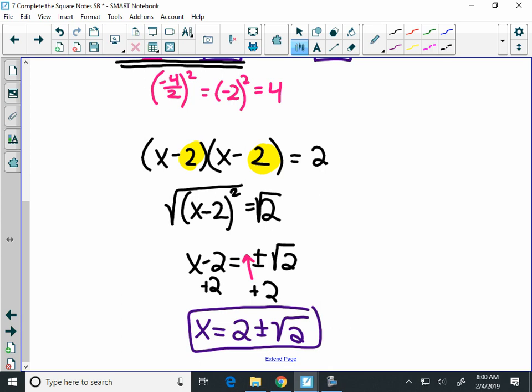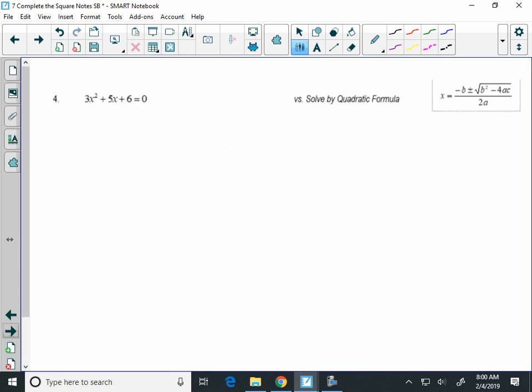All right, I'm actually going to skip number 4, and I'll start it. I'm not going to do the whole thing. Okay, so number 4, if I wanted to complete the square, to start, because there's a 3 as the leading coefficient, I would have to divide every term by 3. So if I do that to start, I get x squared plus 5 over 3x plus 2 equals 0.